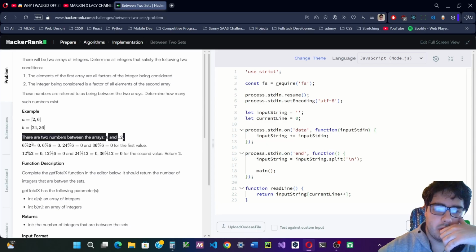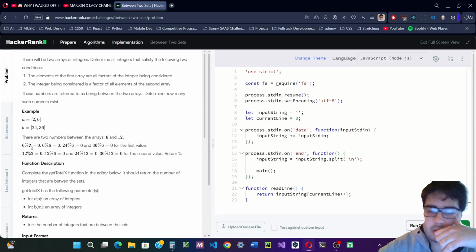Why is there not a 2 here then? The integer being considered is a factor of all elements of the second array.